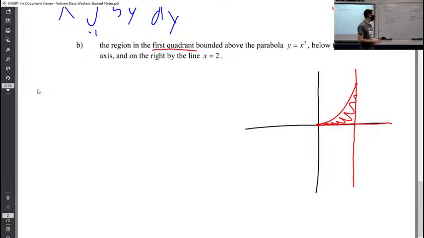And hopefully you've spotted that this is going to be a washer. So see if you can work out what big R is and what little r is.